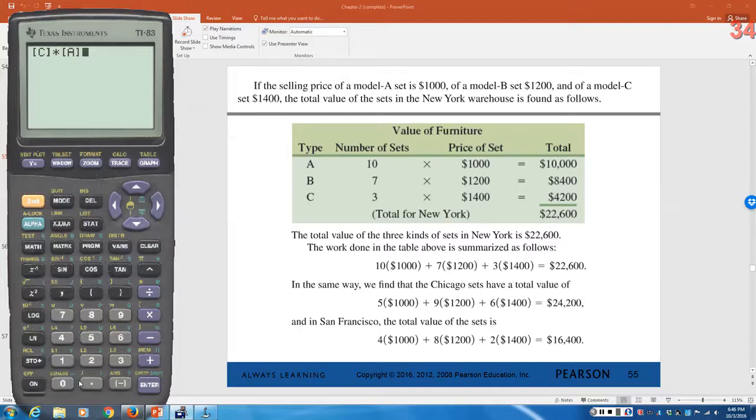Oh no, I did A times C and not the answer. Okay, so let's try that. Matrix A. Oops, let me better clear that off. It won't like that at all. Matrix A times matrix C. Does that answer mean anything?